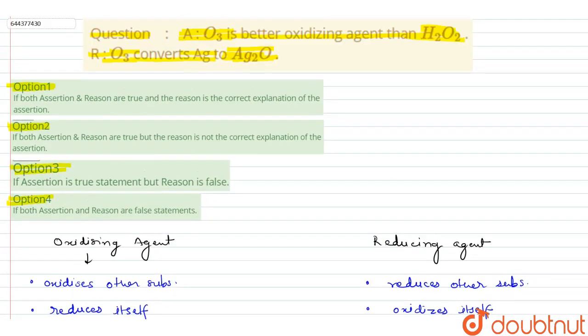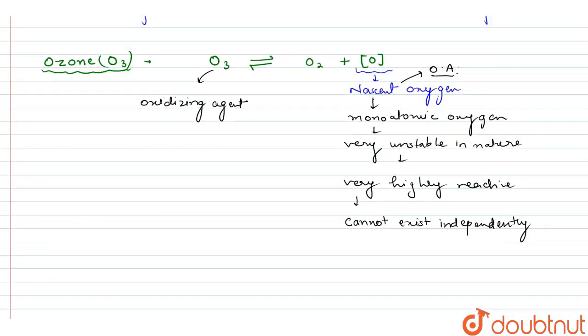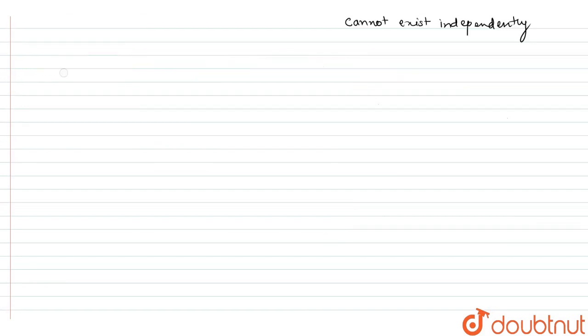Now we have been given a reaction in which O3 converts Ag to Ag2O. Let us see the reaction. Ozone reacts with Ag and leads to the formation of Ag2O plus O2. Now this is in balanced form.